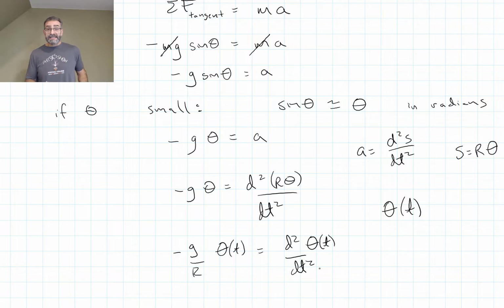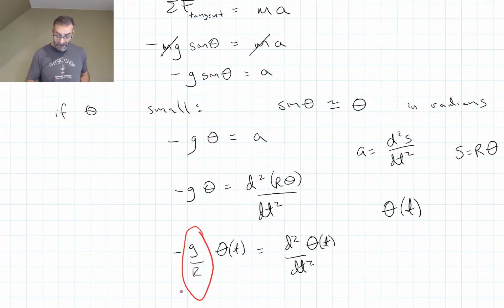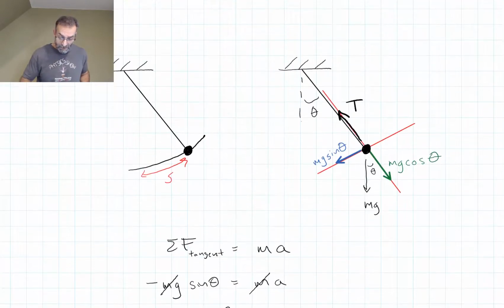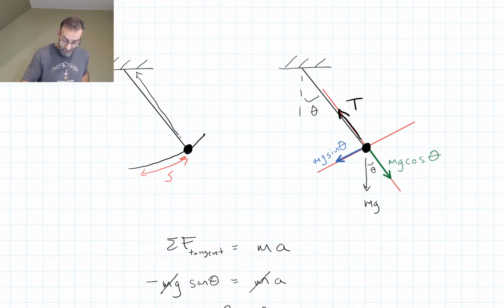So what does this tell us? It's the same equation we saw in the previous video with a mass on a spring. The only difference, our constant is a little bit different now. Before we got k over m. Now we have g over r. And what is r? r is the length of our string or our pendulum.